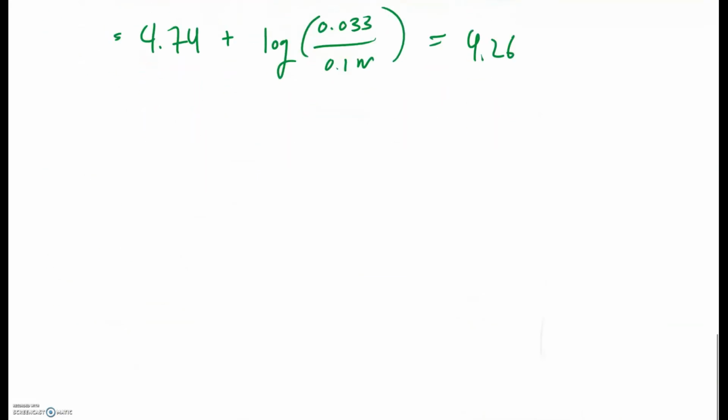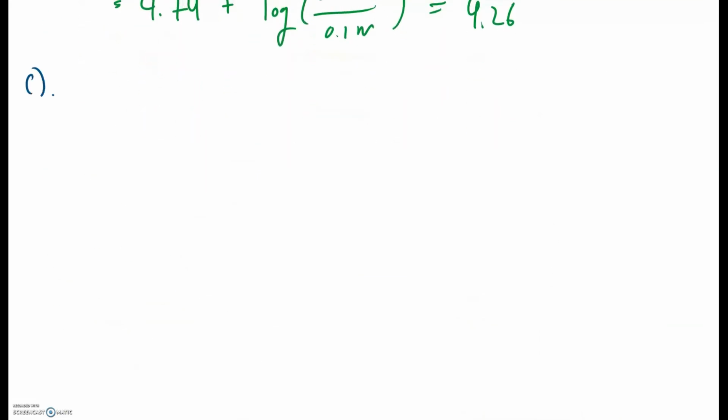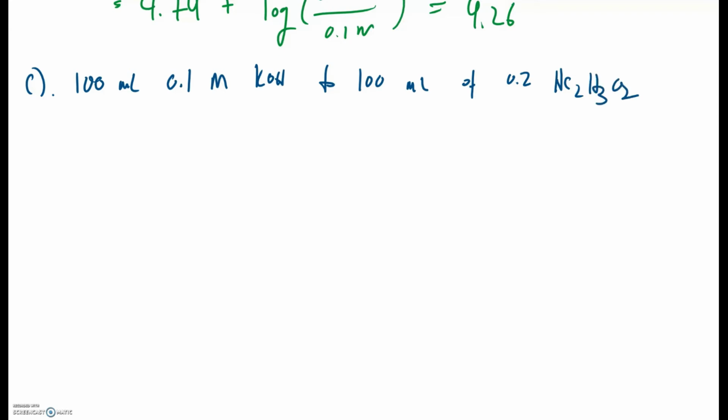So this is going to be C. 100 milliliters of 0.1 molar potassium hydroxide to 100 milliliters of 0.2 molar acetic acid. All right, so let's get everything into millimoles.